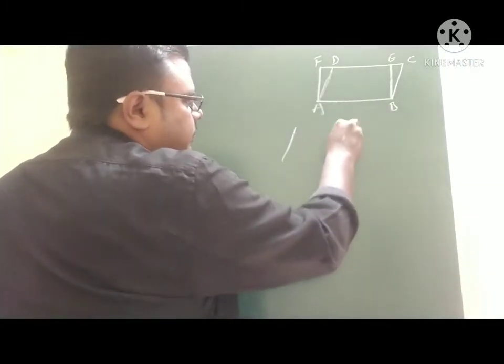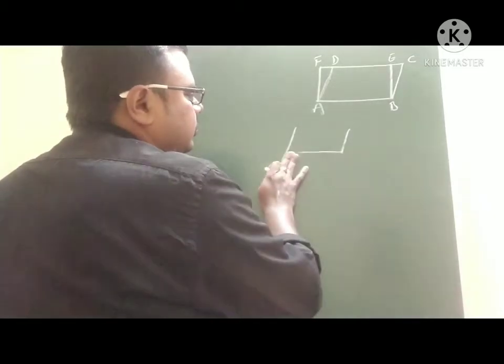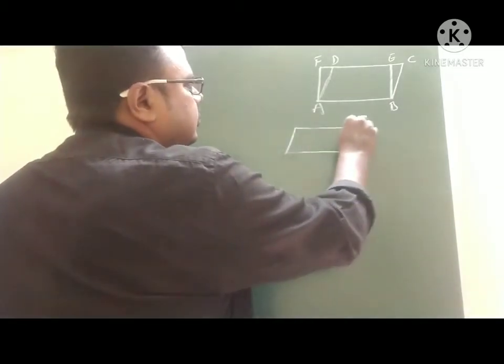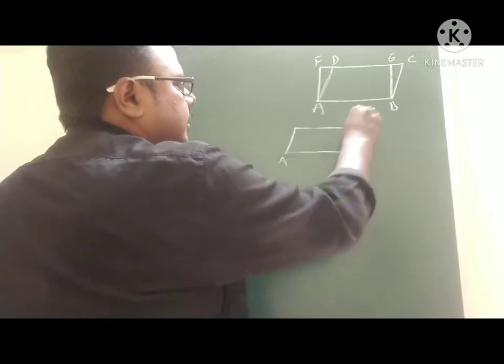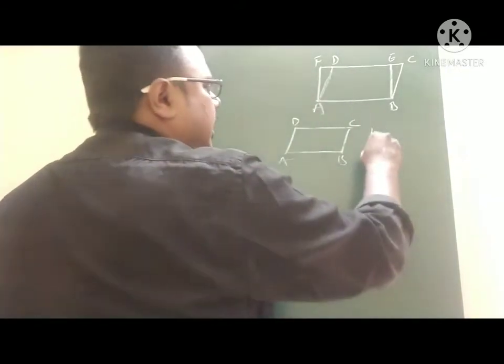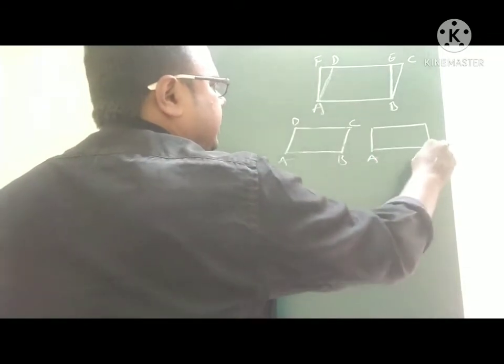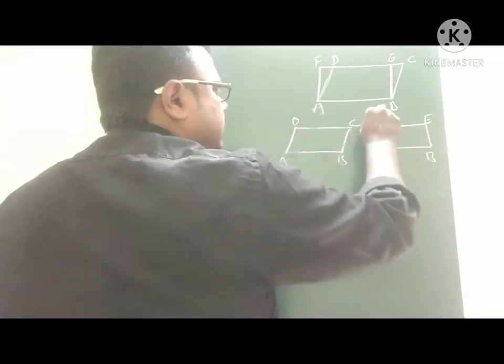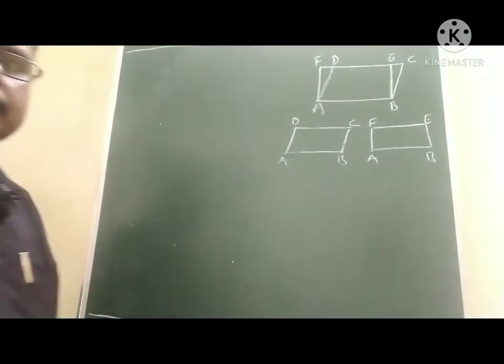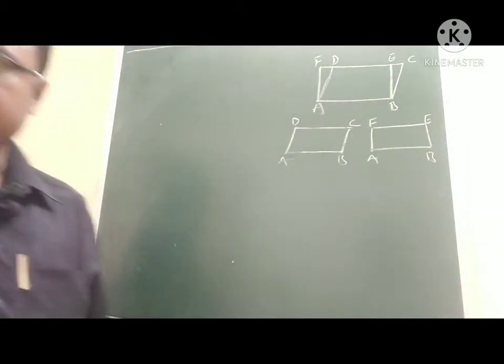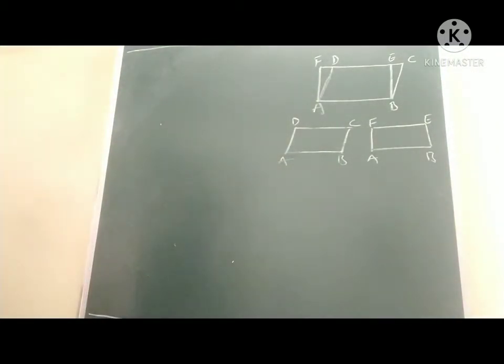So here ABCD is a parallelogram and ABEF is a rectangle.